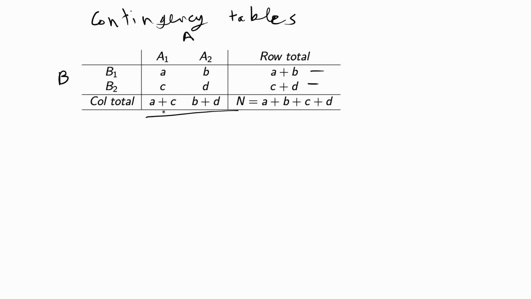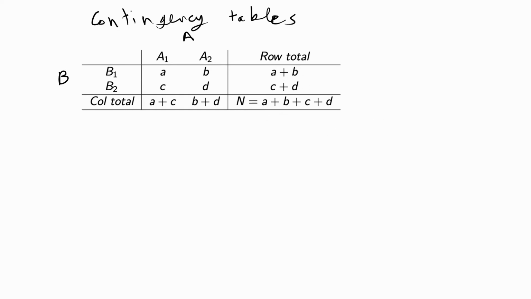These values here are the column sums, so A plus C refers to being in factor level A1, and B plus D refers to being in factor level A2. And then finally, the bottom right cell is always the total sum. So this is always the total number of observations, or your sample size n.